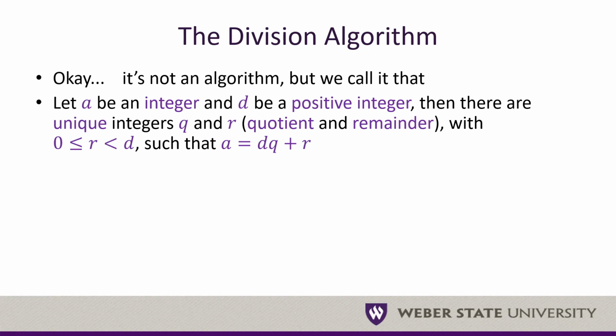Basically, if A is an integer and D is a positive integer, then there are two unique integers, a quotient and a remainder.